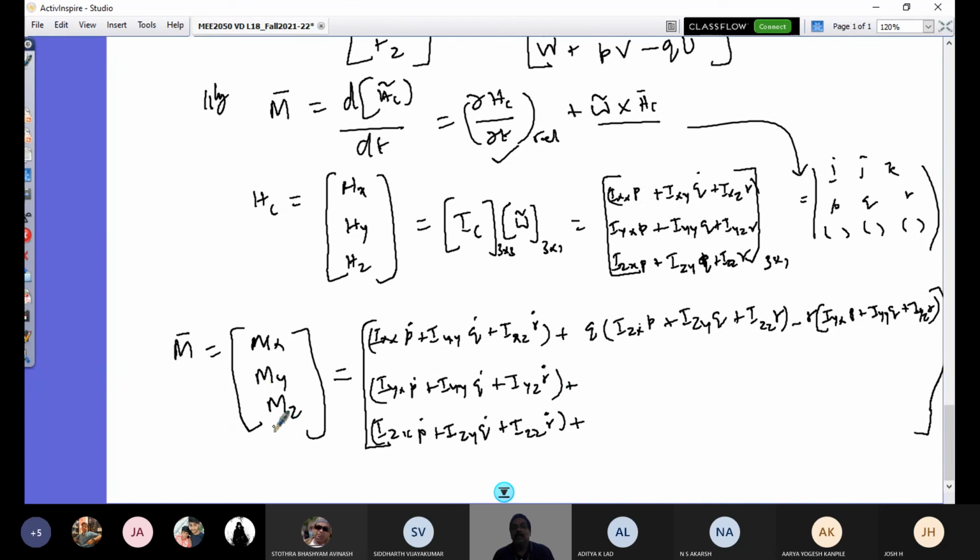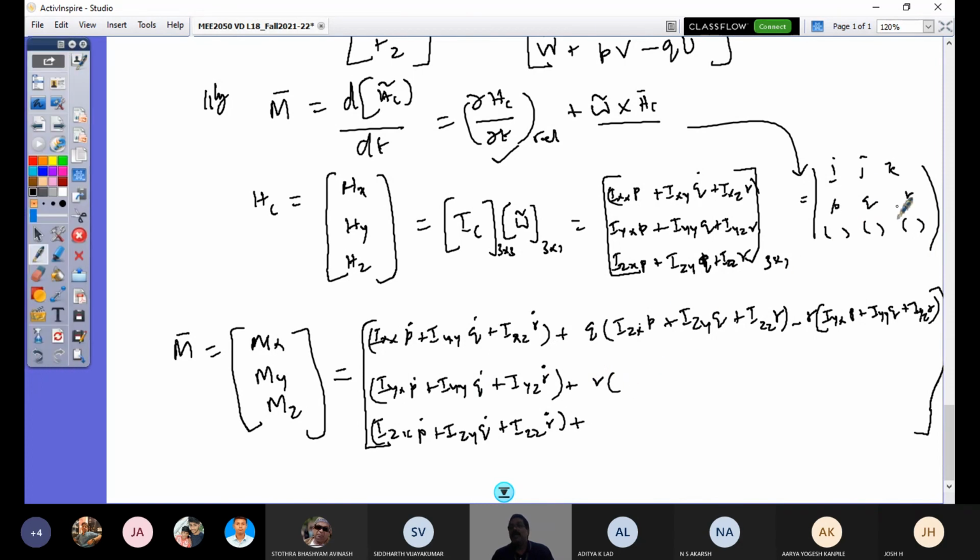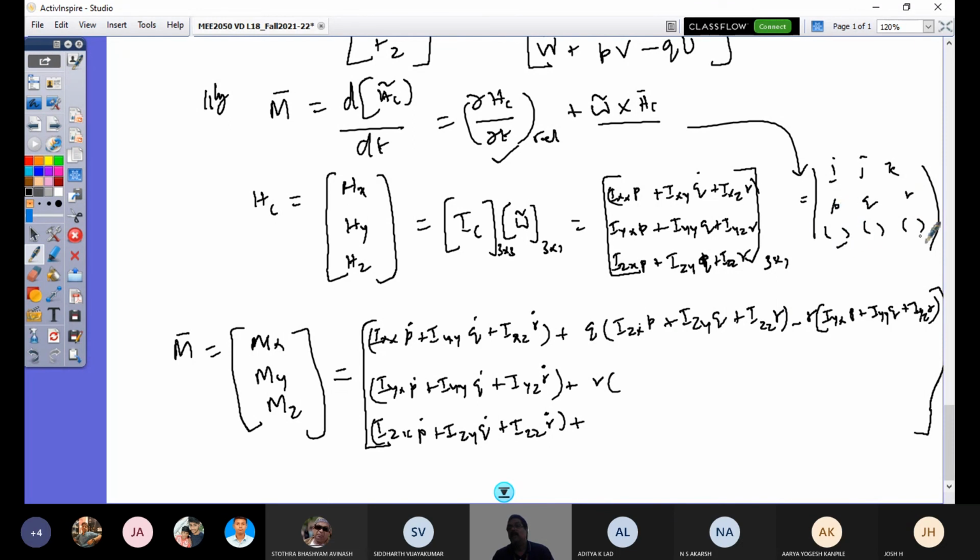Similarly, I'll get My for pitch motion and I'll get the one for yaw motion. So you can easily write this here. So what is the second equation? When I have to write the second equation, it's going to be r into the first term. In the determinant, I have written here this, so My, when I do this equation. The second term would be minus j into this minus this, so I will write plus, and reverse this r into this term and p into this term.